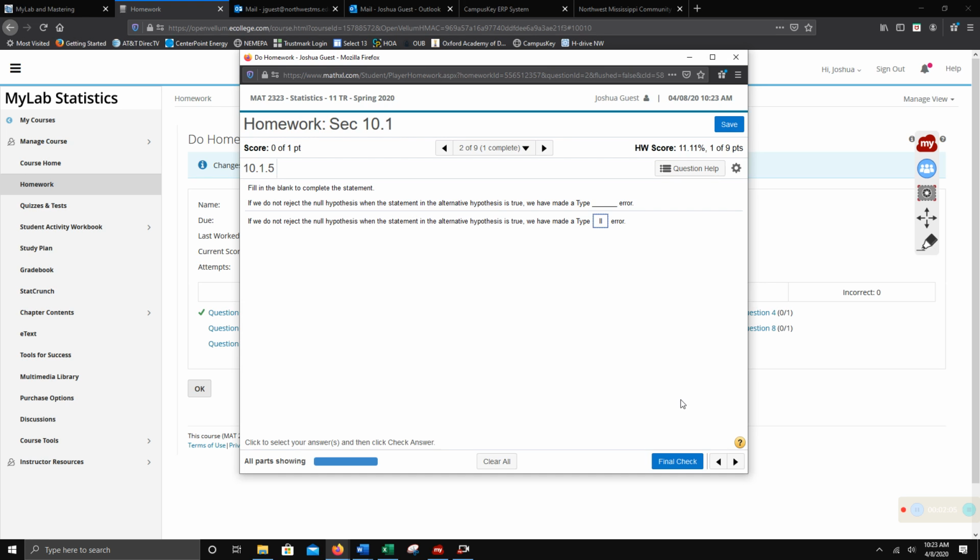Or if we reject the null when it's actually true, then it's a type 1 error. The other two possibilities are correct assessments: you rejected the null when the alternative is true, and you failed to reject the null when the null is true. Those two things are results that give you a proper assessment of the situation.